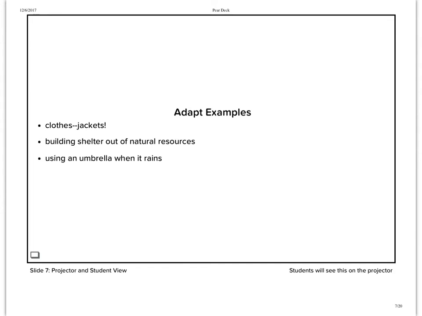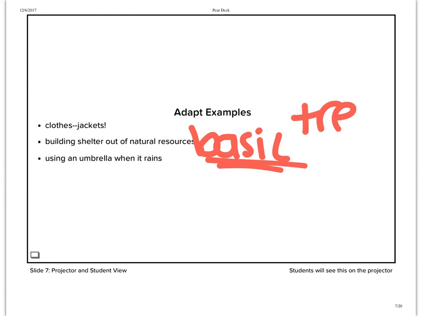Second example could be building a very basic shelter. This is once again kind of what I was talking about in the depend. Building a very basic shelter out of a tree, or using basic wood or straw.